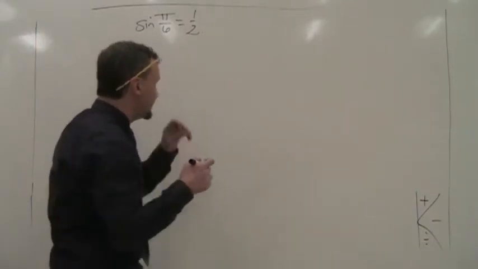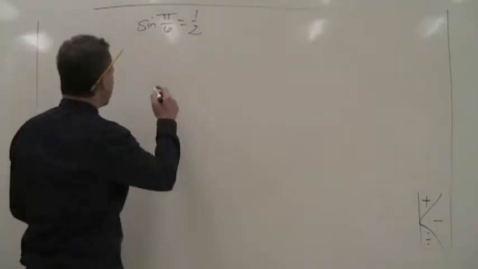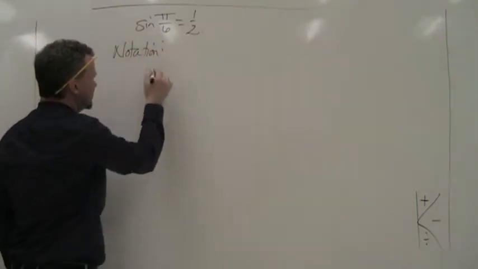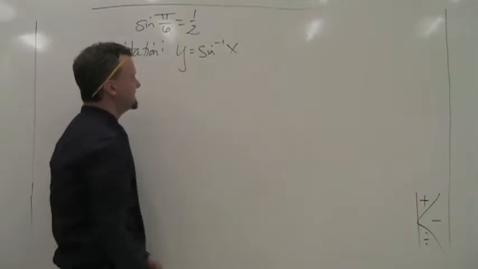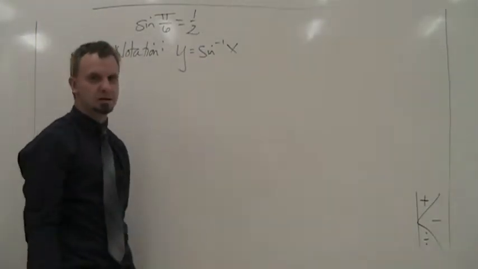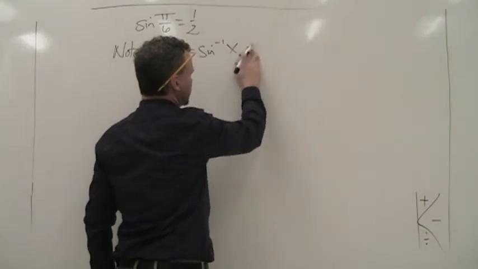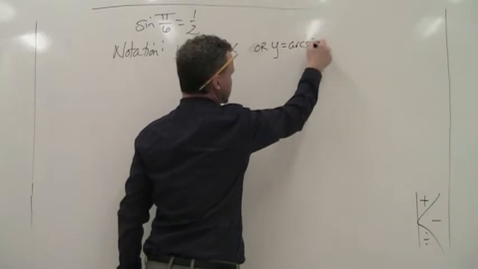So, for example, last year you learned a brand new notation for inverse trig. The notation that you learned was probably this one, y equals the inverse sine of x. Or you could have learned this one, y equals the arc sine of x.